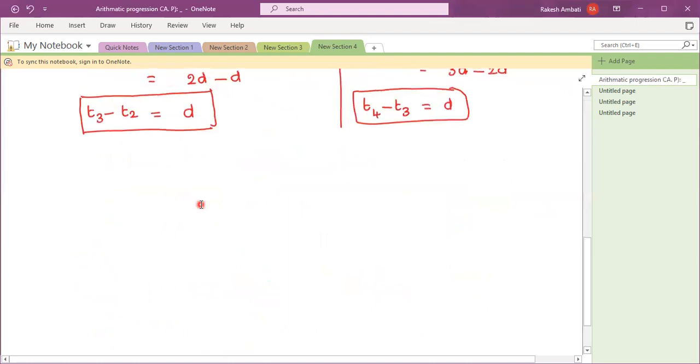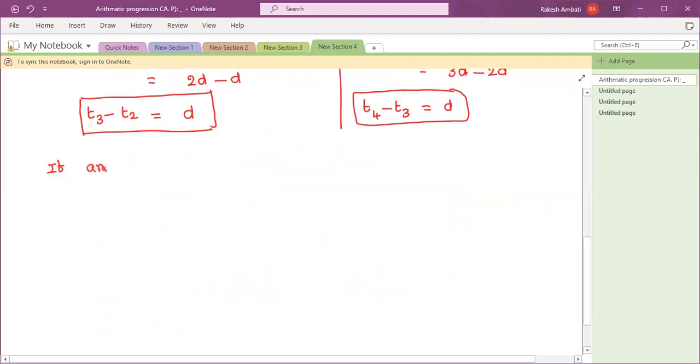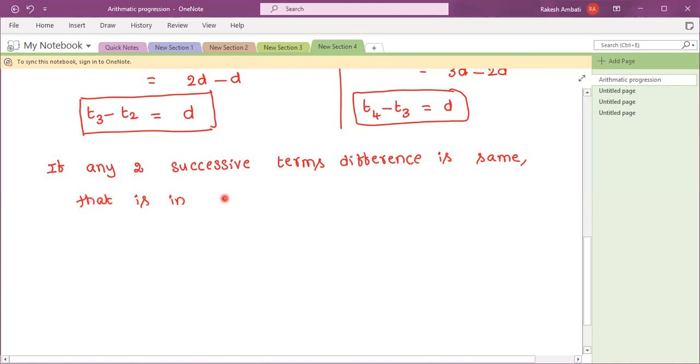So what is the meaning of arithmetic progression? If any two successive terms have the same difference, then it is in arithmetic progression.